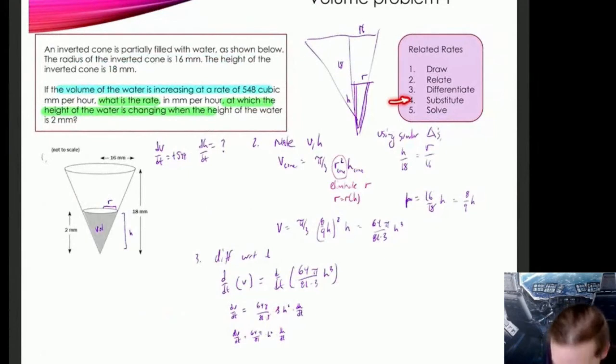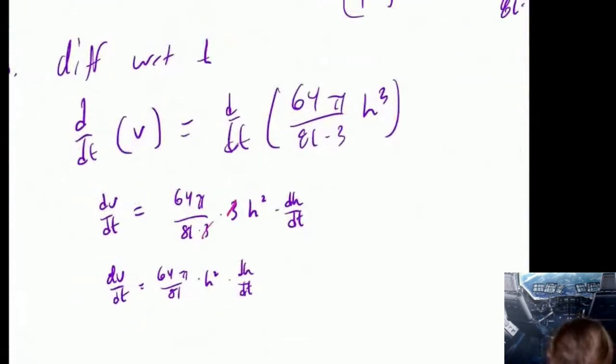Finally, we'll substitute. So we're going to use the stuff that I'm given in here. And I know that on the left-hand side, I'm going to have 548 because I know dV dt is 548 because I was given it, with a plus sign to be really explicit.